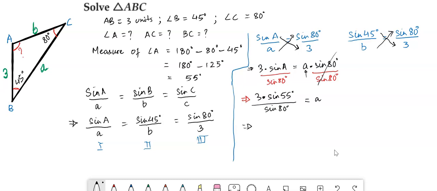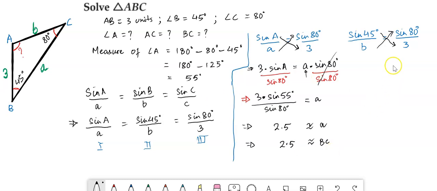So when you solve it using a scientific calculator, you can find that the value of a will be somewhere around 2.5. Now what is a here? a is the length of the side BC, and that's how we find the length of side BC, which is equal to 2.5.